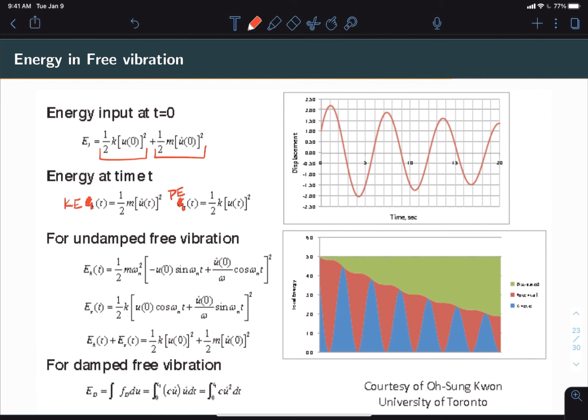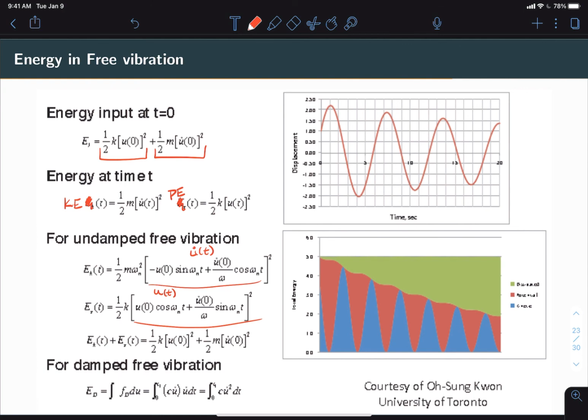Now for undamped free vibration, we can simply plug in the equations for displacement and velocity. So this is our velocity equation, u dot of t. And this is the displacement equation, u of t.